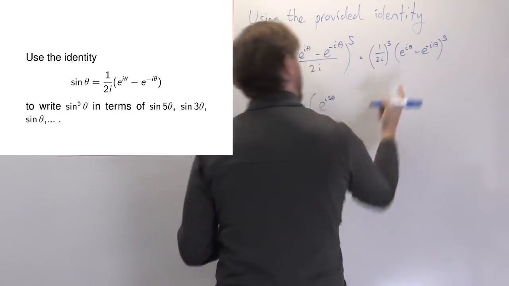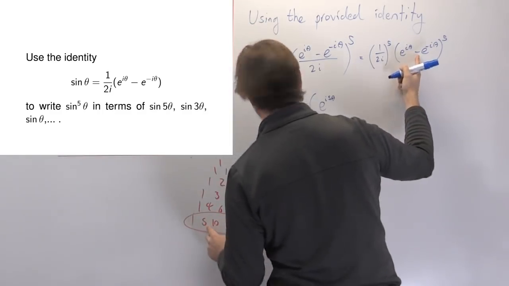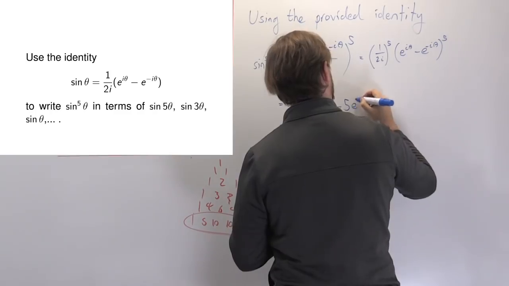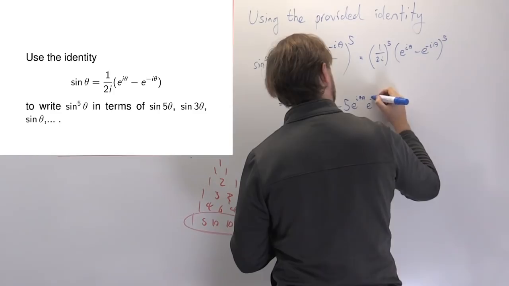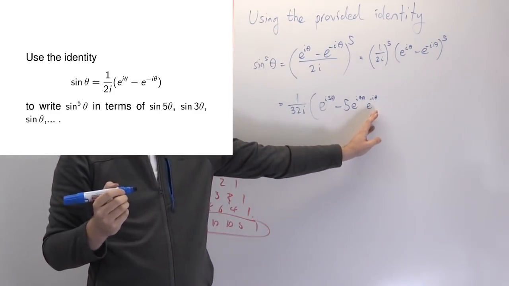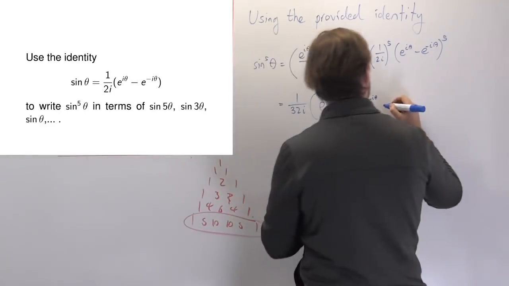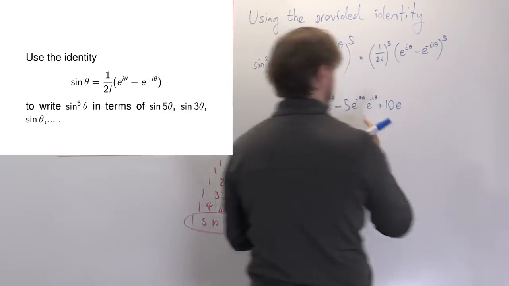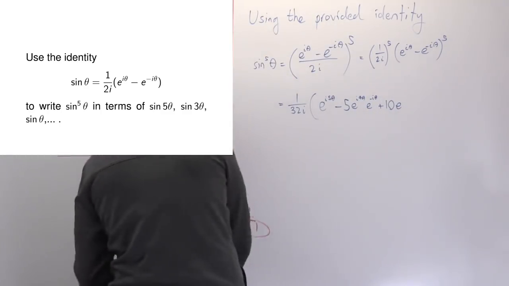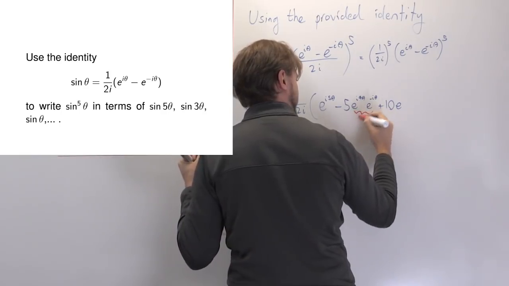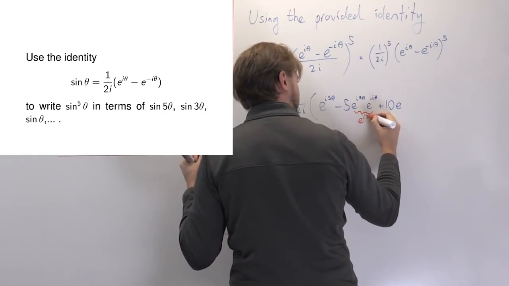And then I'm going to get, well, there's a minus sign here, so I'm going to get minus 5 e to the i 4 theta times e to the minus i theta, which is the same as e to the i 3 theta, plus 10 e, and well, at this stage I'm going to just simplify this beforehand, so this will just be e to the i 3 theta.